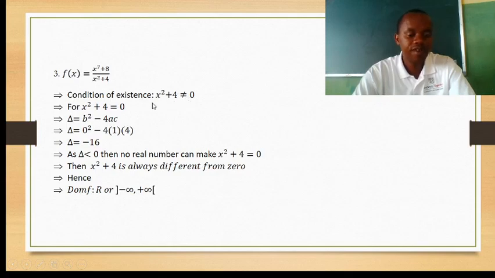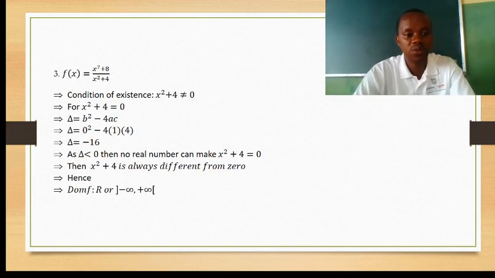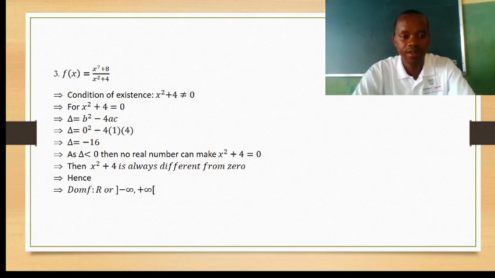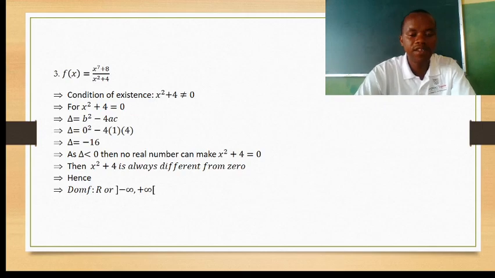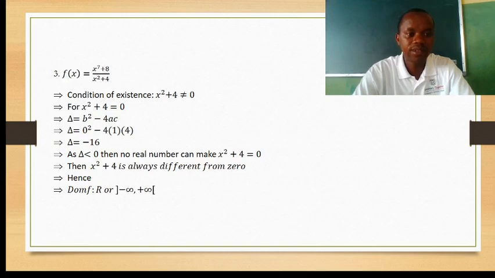We are going to find out if there are values which make the denominator part equal to 0. You can use any way, grouping, delta, factorization, and so on. But for this example, we have chosen to use the delta, and we have calculated it, and we found that it is equal to negative 16.